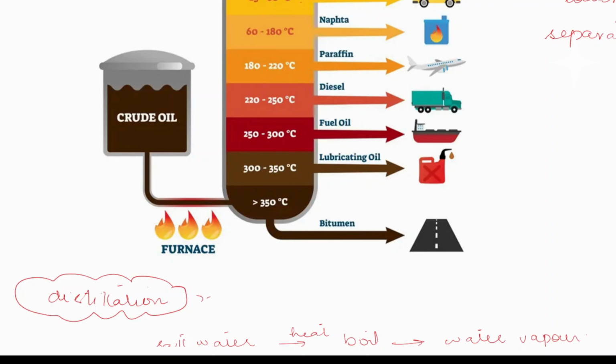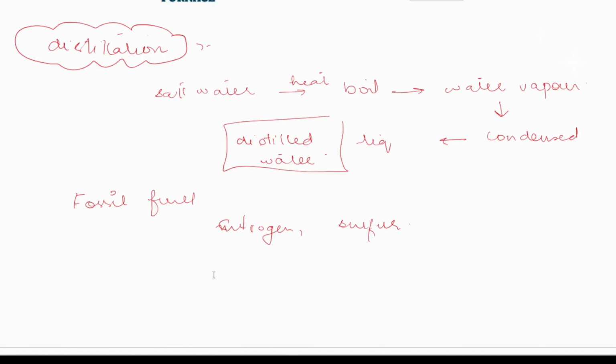This is known as cracking. Bigger chains into smaller chains. And we prefer a smaller chain of 8 carbons. That's why the petrol is known as high octane.